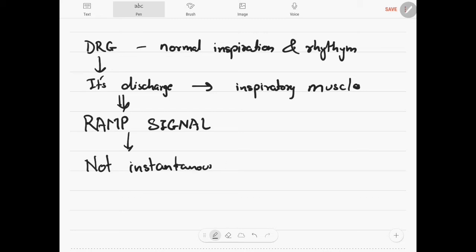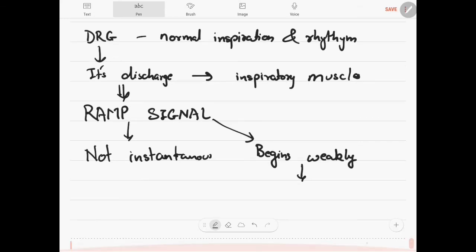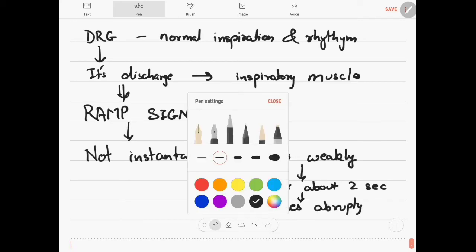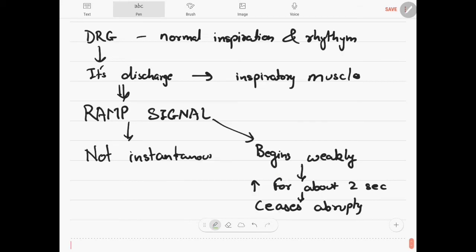But it begins weakly, increases for about 2 seconds and then ceases abruptly. So it is something like, let's say, this. It will increase for about 2 seconds and then fall abruptly.